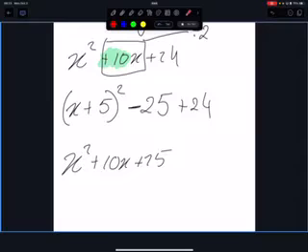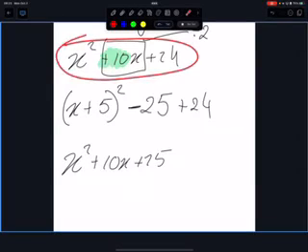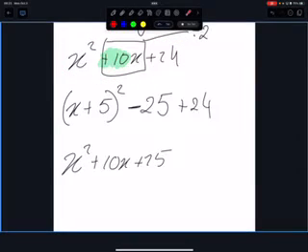So, this is my formula. There it is. x squared plus 10x plus 24. How do I complete the square? I place x plus, of course, this number I don't know yet. x plus what? The 10, the one in the middle, divided by 2. 10 divided by 2 is 5.